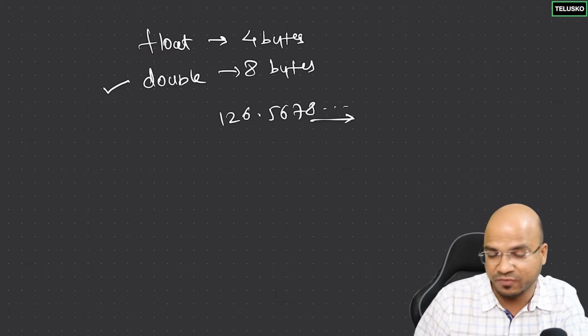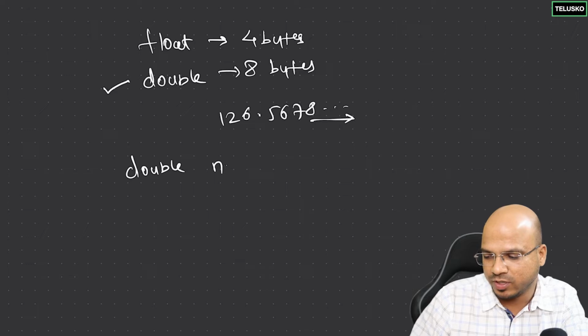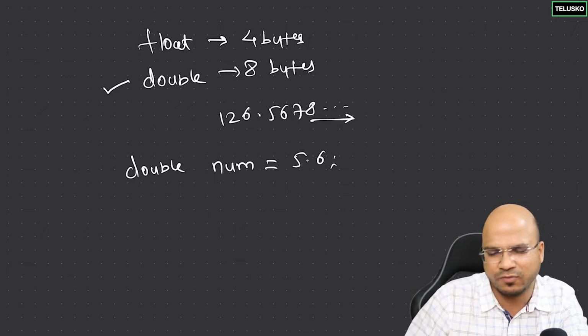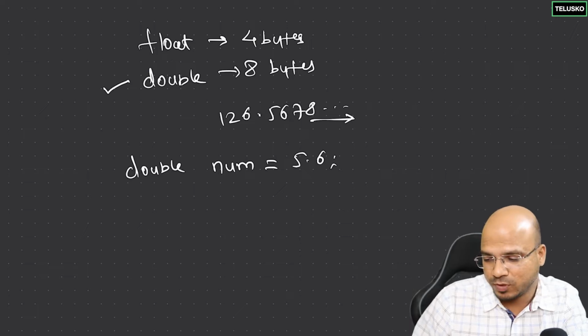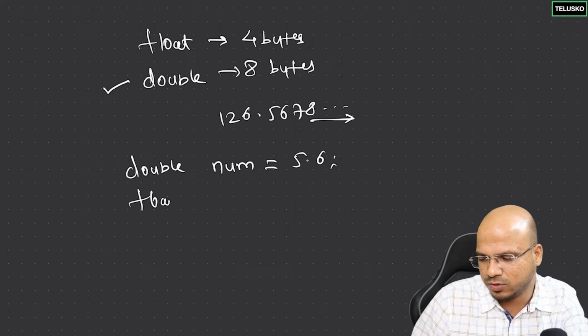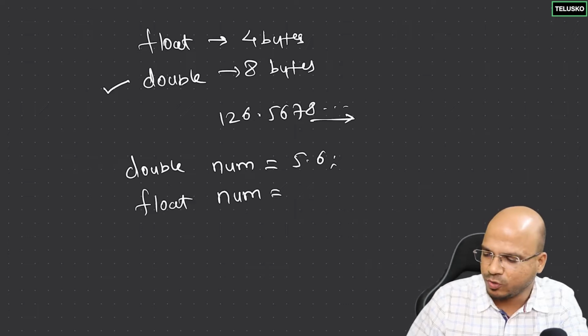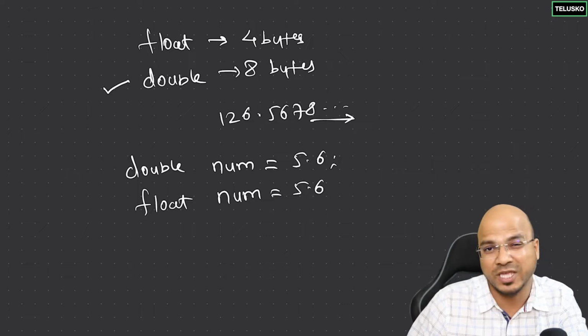So if you want to create a variable with double, you can simply say double, create a variable name num is equal to, and assign a value which is 5.6 or whatever value you want. But how about float? If you try that with float, it may not work. For example, if you say float, a variable name num, and equal to 5.6, it will give you an error.